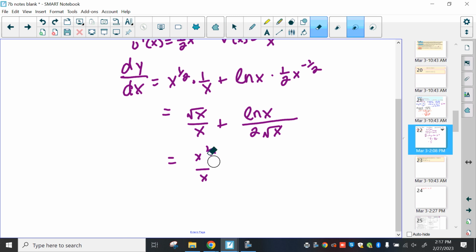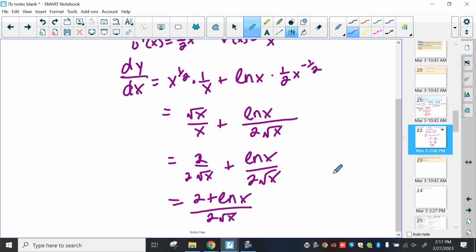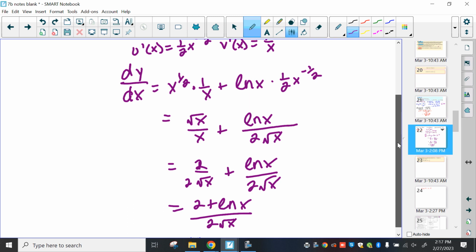Subtract, which means... and then multiply by 2 in the top and bottom, which gives you 2 plus the natural log of x over 2 times the square root of x. This part here you should be able to simplify for sure, because again, those bases are the same. So that's x to the 1/2 power over x, so we subtract those exponents. Okay, so that one's a little uglier.